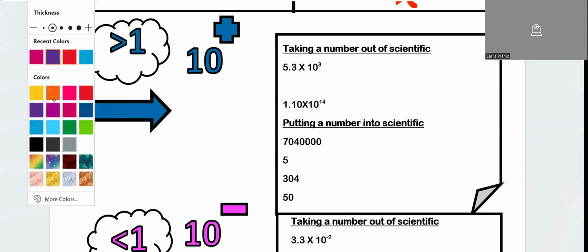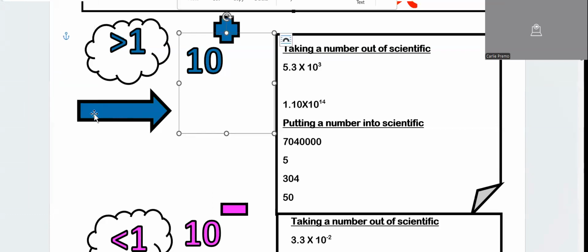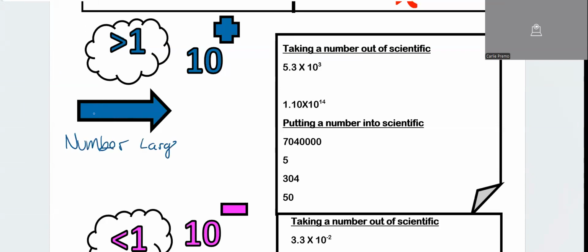Essentially, for scientific notation, I like to think of if the number should be big or small. So if I have a number that is larger than 1, the exponent will be positive.